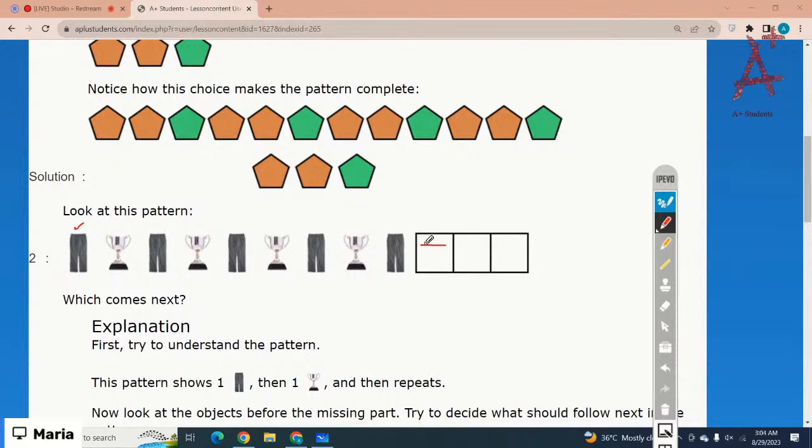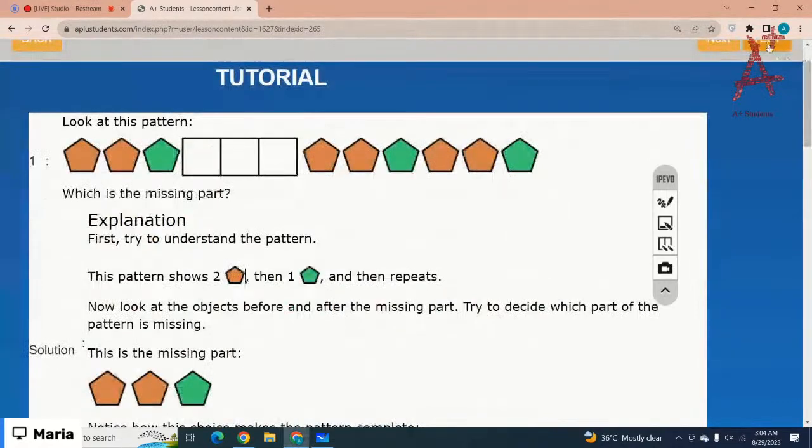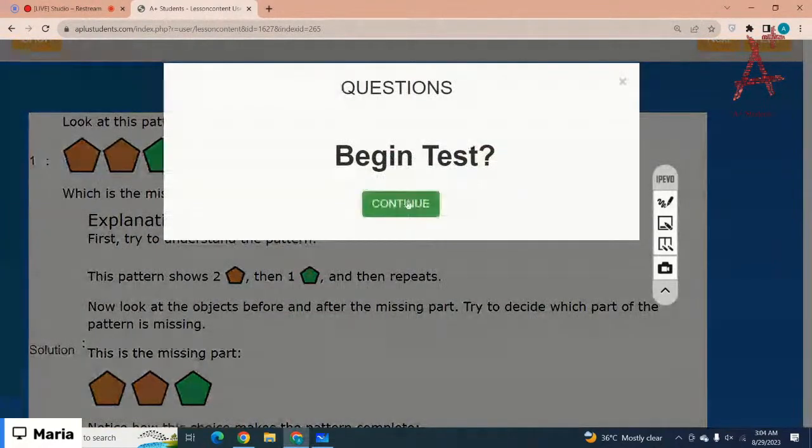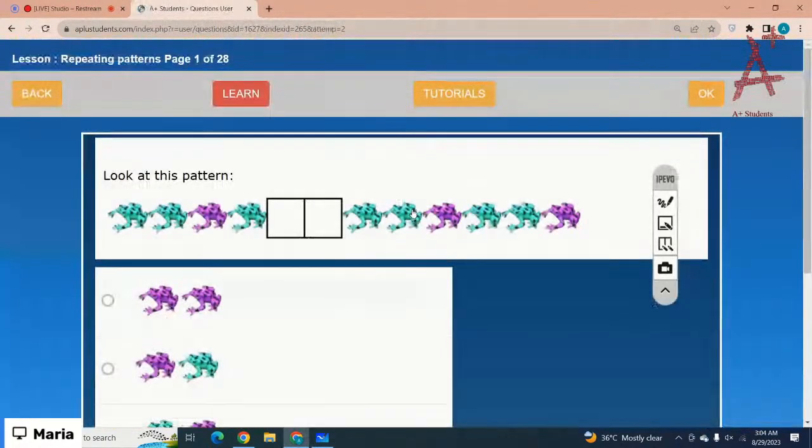Here you have again one pant, and then you have a cup. I'm not good with drawing, right? Again, the next one is a pant. So the thing is, you have to understand the pattern first, then it would be very easy to find the missing part.